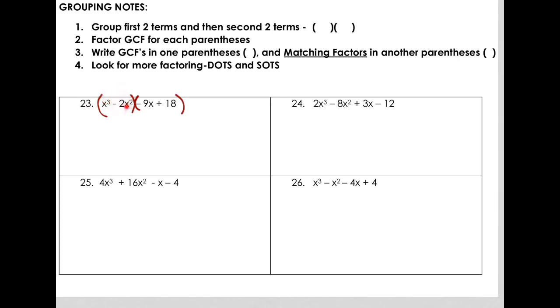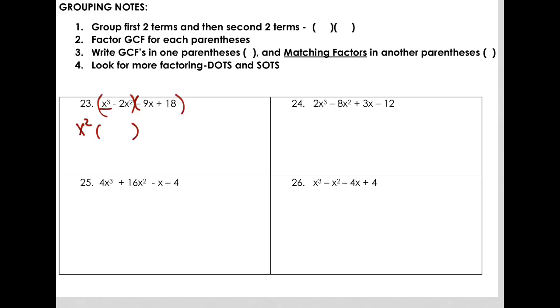and so now we're looking at our letters here. Smallest exponent wins, and so what do we pull out? We pull out the x squared. How do we get what goes inside the parentheses?